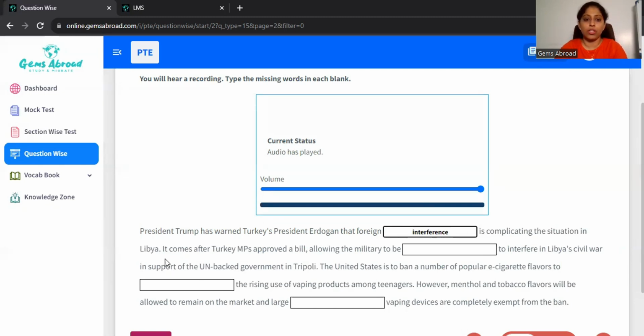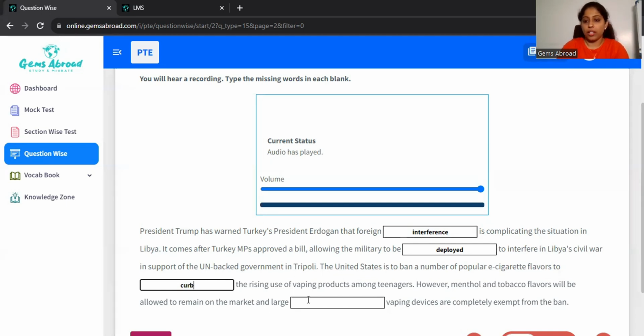It's complicating the situation. Now it comes Turkey, military to be deployed. Deployed. Again, there's a clue here. Libya's civil war, in support of the UN-backed government in Tripoli. The United States to ban a number of popular flavors to curb the rising use of vaping products among teenagers.